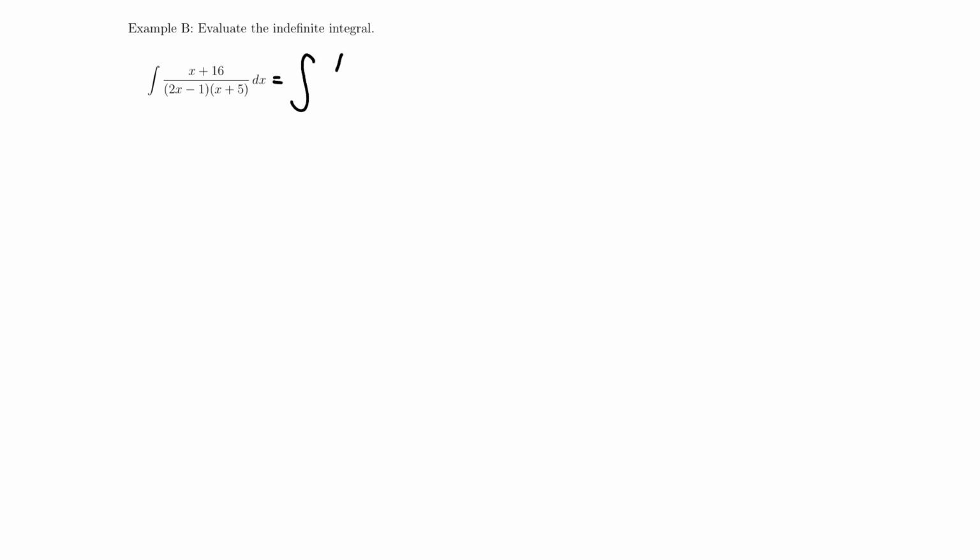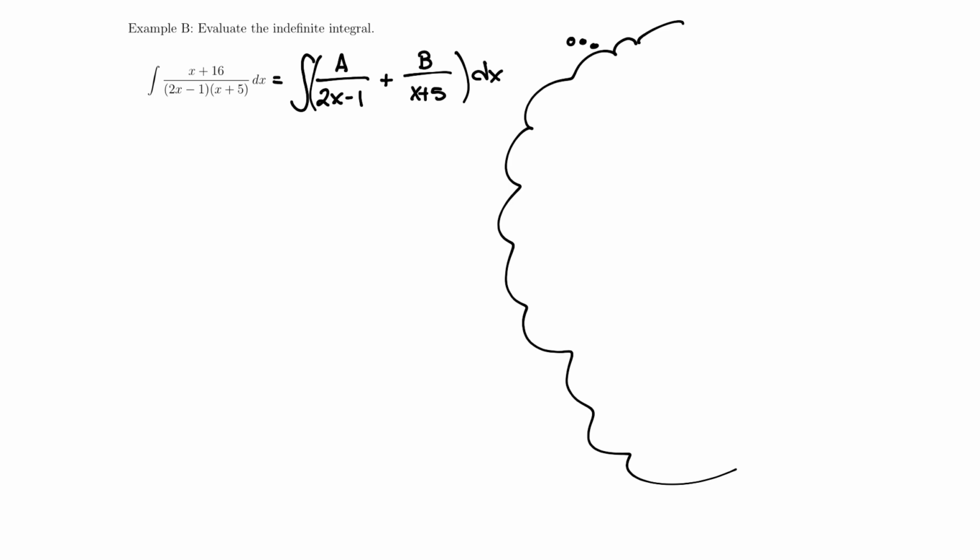Alrighty, so I'm going to put a on top of 2x minus 1 and b on top of x plus 5. And I'm going to do my thought bubble over here because I'm going to put these together. Over here I've got a over 2x minus 1, b over x plus 5, and that has to be x plus 16 over 2x minus 1 times x plus 5.